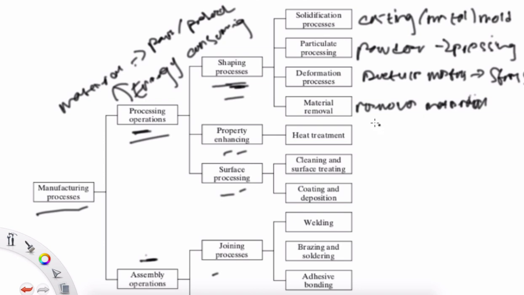Okay, then we go to the property enhancing, which is heat treatment. Heat treatments are designed to improve mechanical or physical properties of the work material. The most important property-enhancing operations involve heat treatment, which includes various temperature-induced strengthening and softening processes for metals and glazes. So its function is to improve the physical properties.